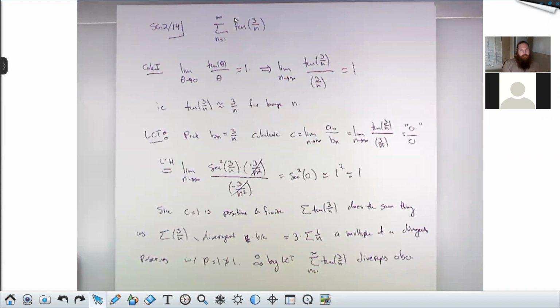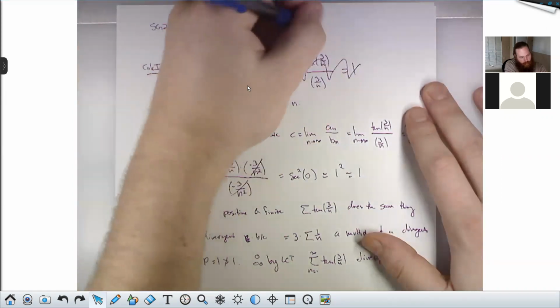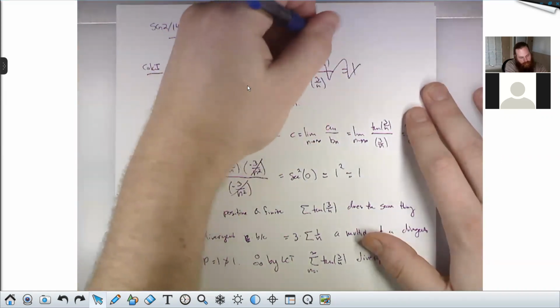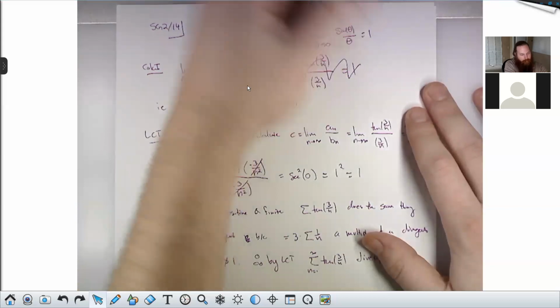So yeah, if you see a series with tangent of some stuff that goes to 0 or sine of some stuff that goes to 0, you should limit compare against the inside. Because you've got this special limit, and then there's another one. The other one is the limit as theta goes to 0 of sine theta over theta equals 1.